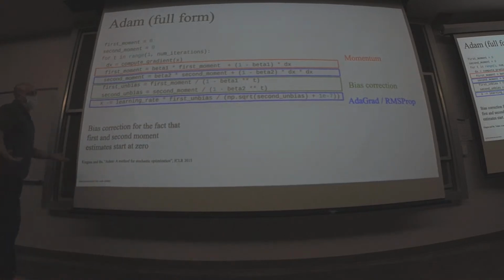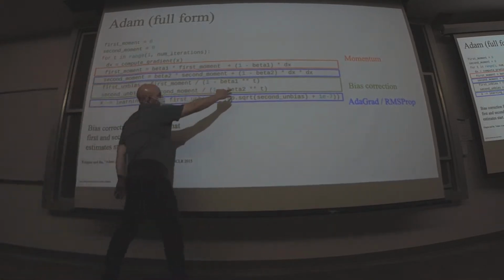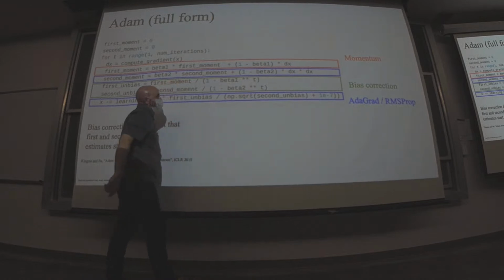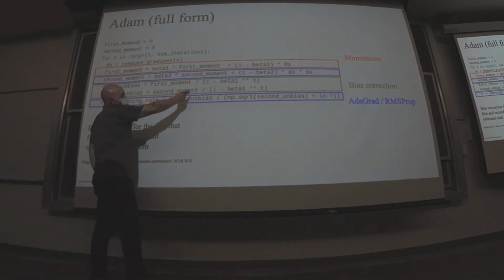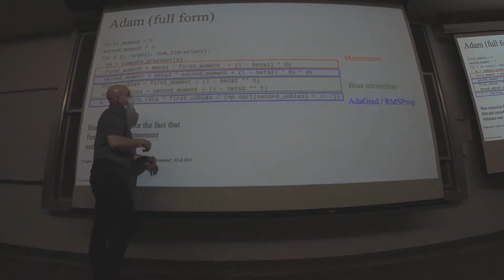And what is this doing? What's happening as the number of iterations becomes large? I didn't say this before, and it's not up here, but beta 1 and beta 2 are between 0 and 1. So what happens as you increase the exponent on beta 1 or beta 2? It gets really small. So the thing that you're dividing by actually goes to 1.